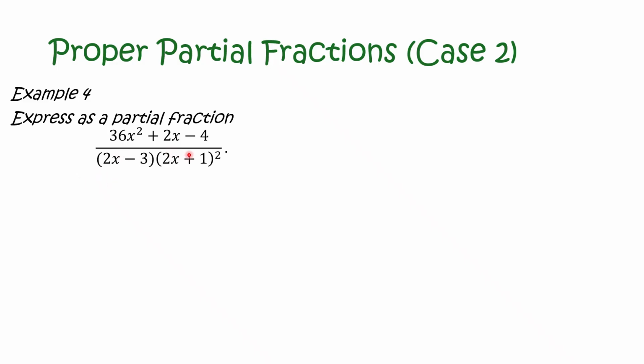So we are expressing this as a partial fraction, 36x squared plus 2x minus 4 all over (2x minus 3) times (2x plus 1) squared.